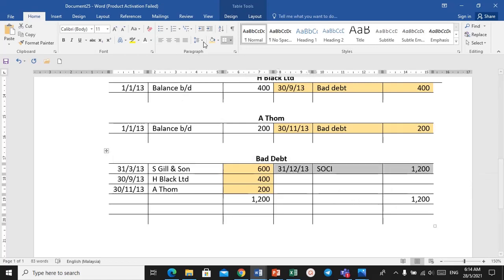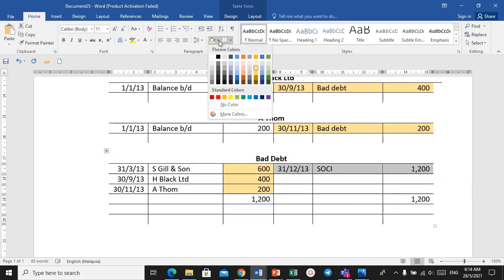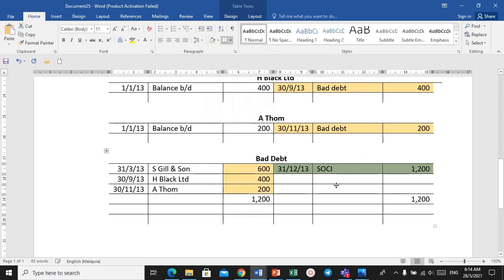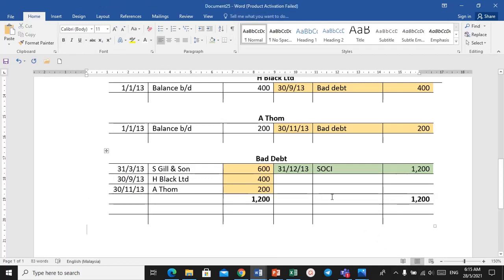So these are the entries. You can see here, for bad debt account, there is also no balance CD. You cannot have balance CD for bad debt account because you need to close every bad debt account.